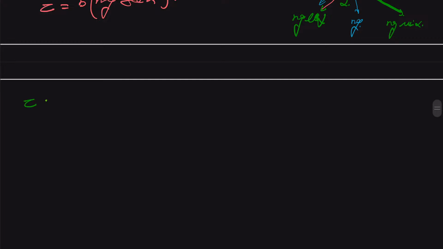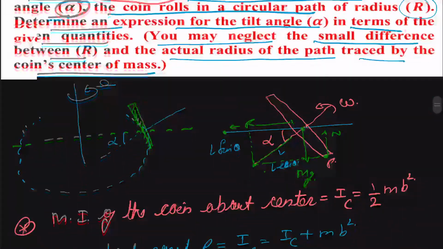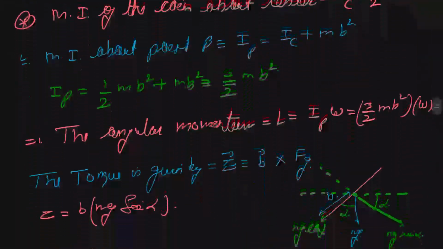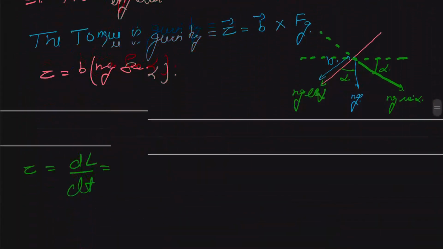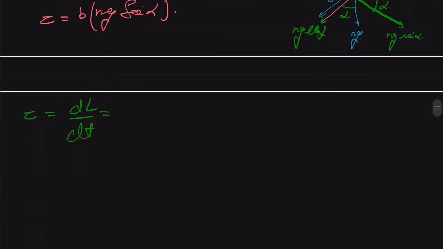So we can say our torque is equal to dL upon dt, and our L is going to give us omega, and we have this as L sin of alpha, and this will be equal to the same.